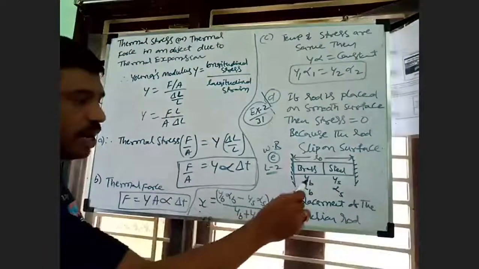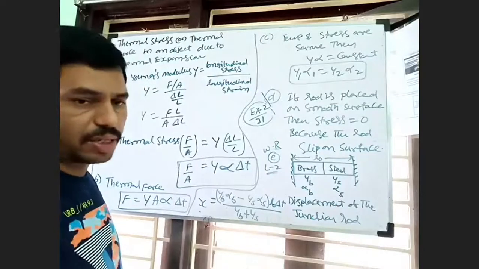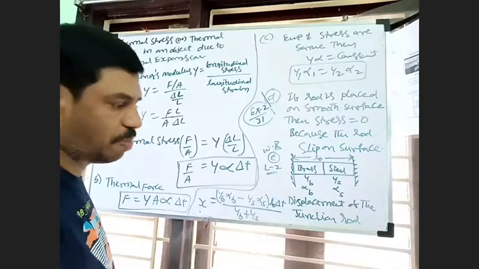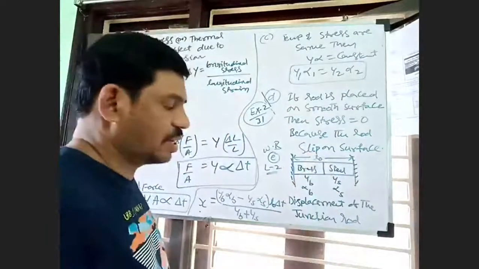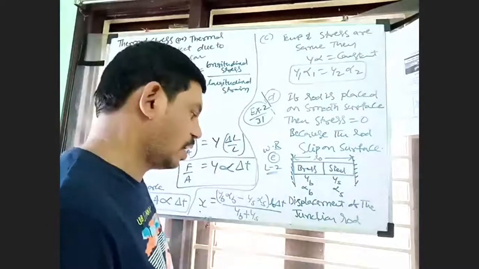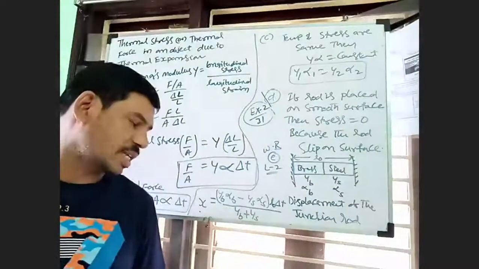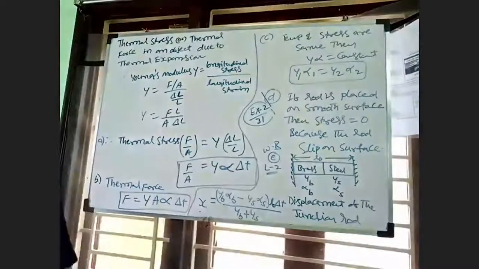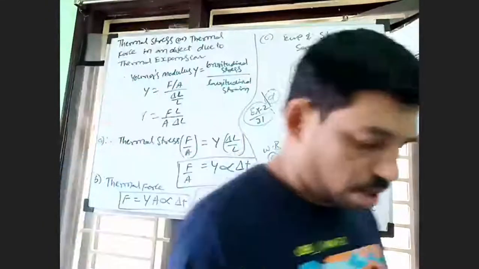Yb is the Young's modulus of the brass rod. Alpha b is the coefficient of linear expansion of the brass rod. Ys is the Young's modulus of the steel rod. Alpha s is the coefficient of linear expansion of the steel rod.